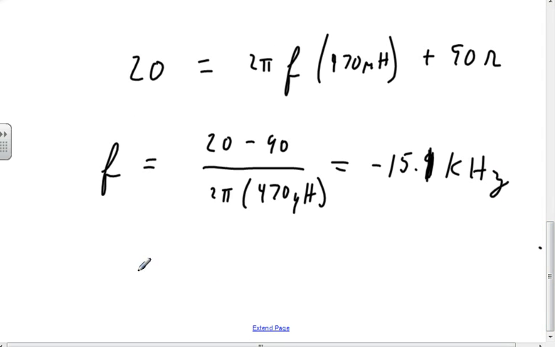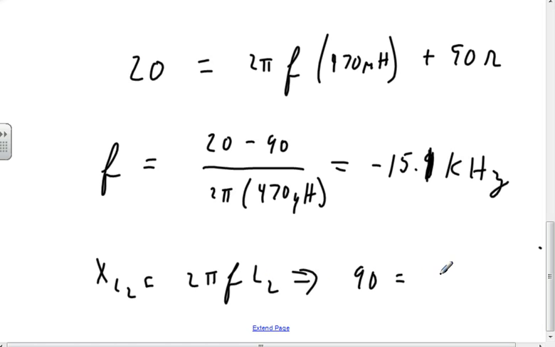Okay, now, that being the case, X of L2 has to be 2 pi f L2. 90 has to equal 20 minus 15.1 k times X sub 2, L sub 2.